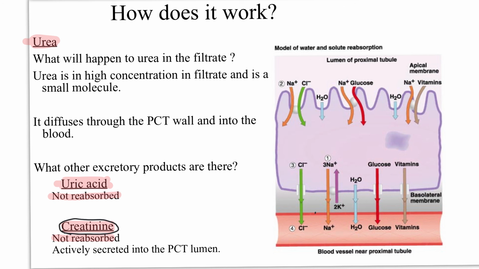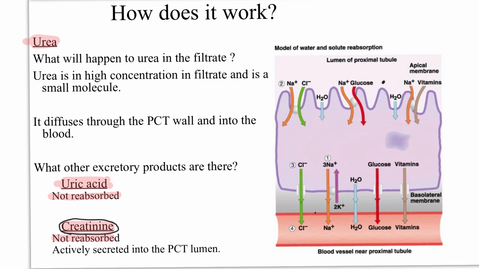One last thing to mention, although I mentioned it really briefly earlier, we talked about the fact that there are small proteins, not so large that they would have been unable to be filtered out, but too big to be brought into the PCT cells using facilitated diffusion with a transport protein. So these small proteins, how did we say they were reabsorbed?